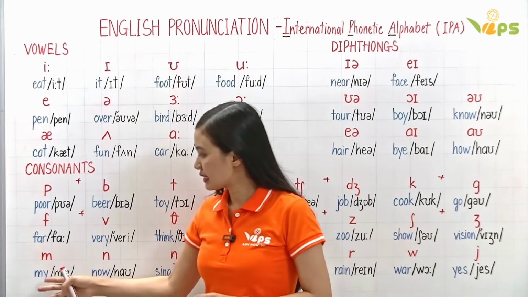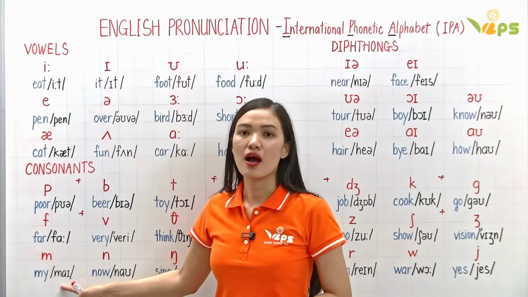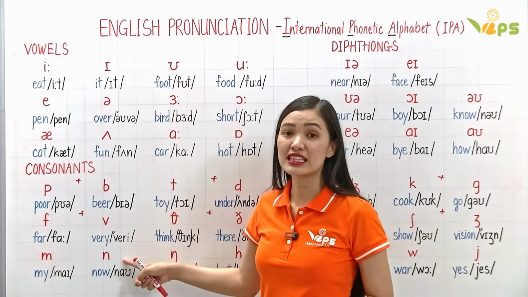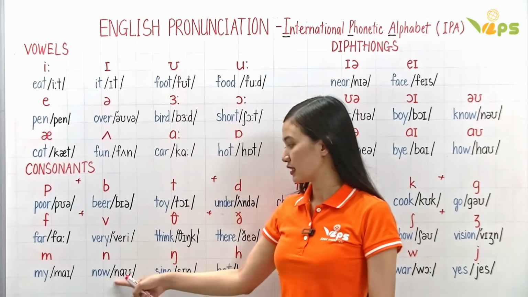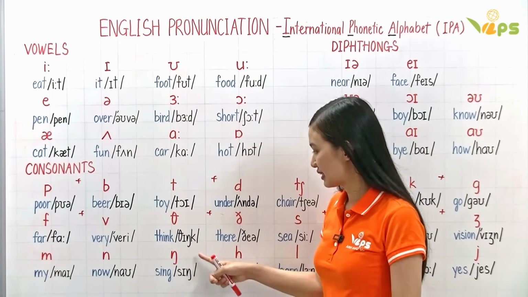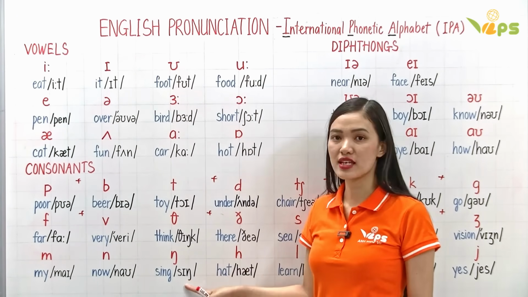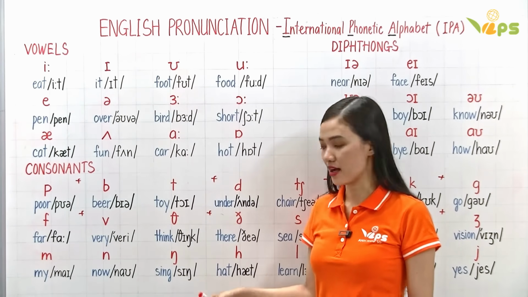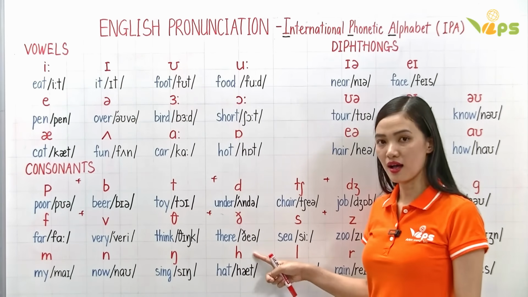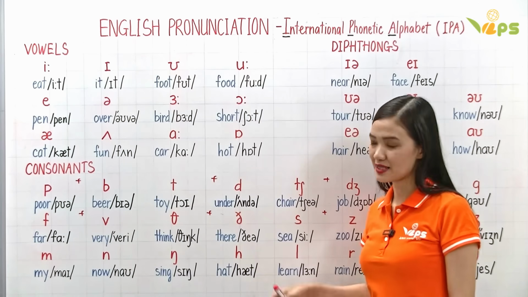Next, this is m sound, very easy. My. And this one, n, now. This one, ng, sing. This one, h, hat.